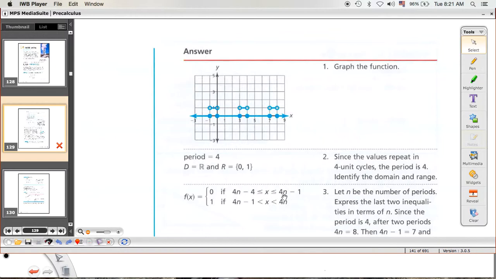So that's our 4n minus 1. And then how far do we go from there? Well, we're 3 units less than that. So what's 3 units less than this? Well, we subtract 3 here, and that's where we get the 4n minus 4, because the minus 1 and minus 3 go together to give us the minus 4.